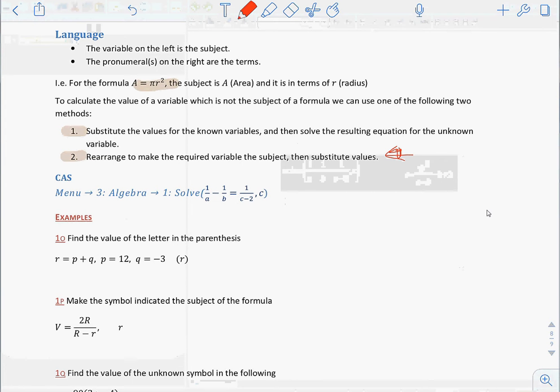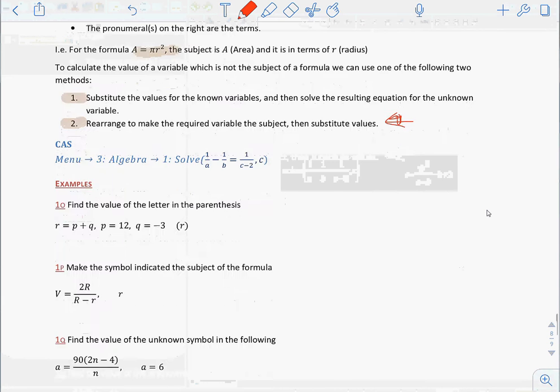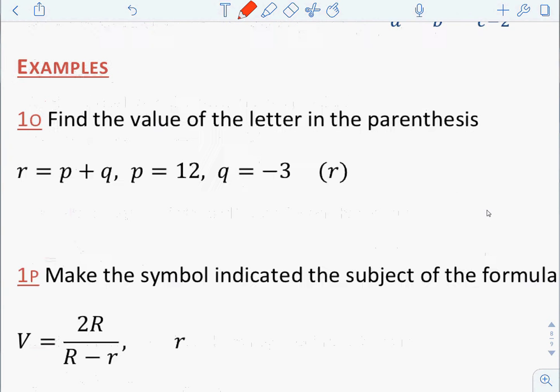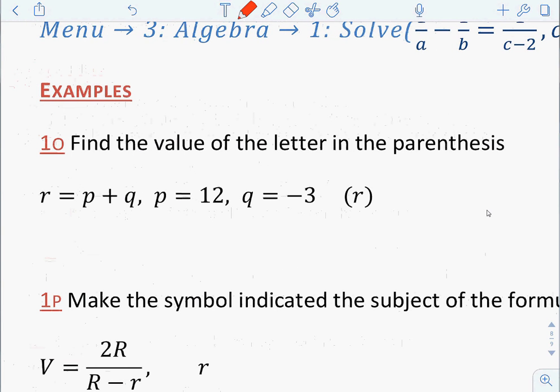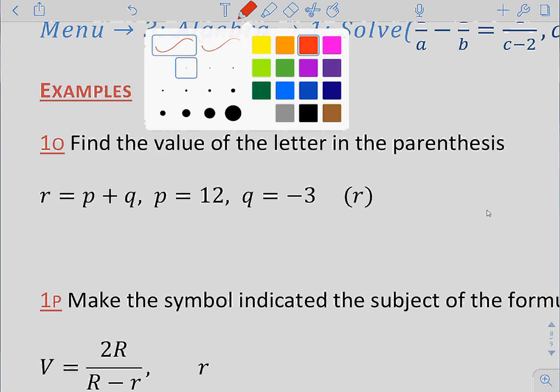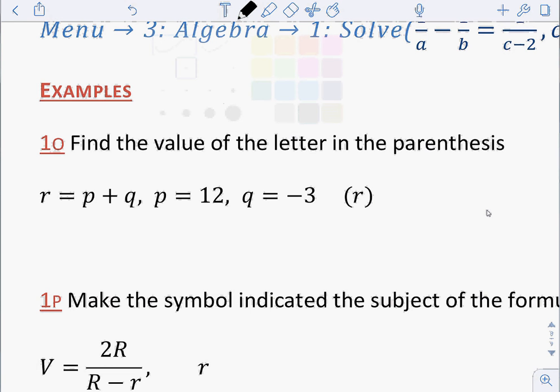Let's look at some examples by hand though. So that's the calculator. Let's look at the examples by hand, starting with this one here. Example 1O. Find the value of the letter in the brackets. So we're looking at trying to find the value of r from this original equation of r equals p plus q.